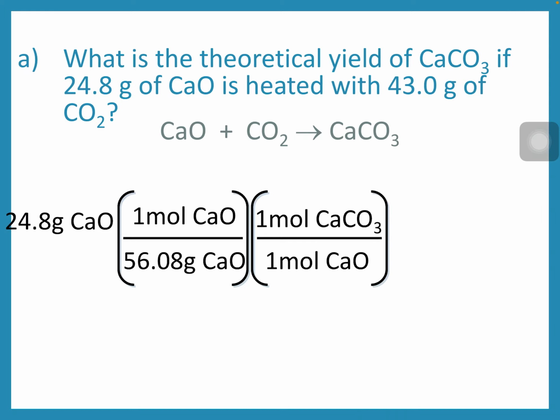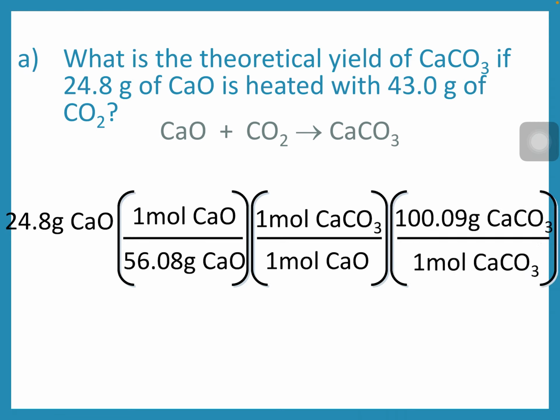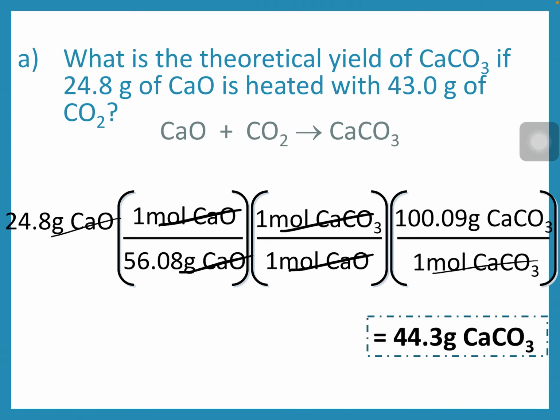And now I need my molar mass for calcium carbonate. So 1 calcium atom at 40.08, if I remember correctly, 1 carbon at 12.01, and 3 oxygen each at 16. So that is going to give me per mole of calcium carbonate 100.09 grams. So these all cancel so that my final answer here is in grams of calcium carbonate.